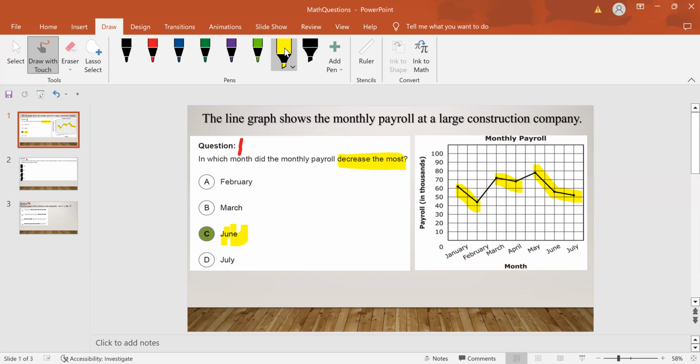So you have to understand that we have the month in the bottom of the graph. We want to see the value of each month and see how much this goes down. The first month is January, and they say the payroll is in thousands, right?